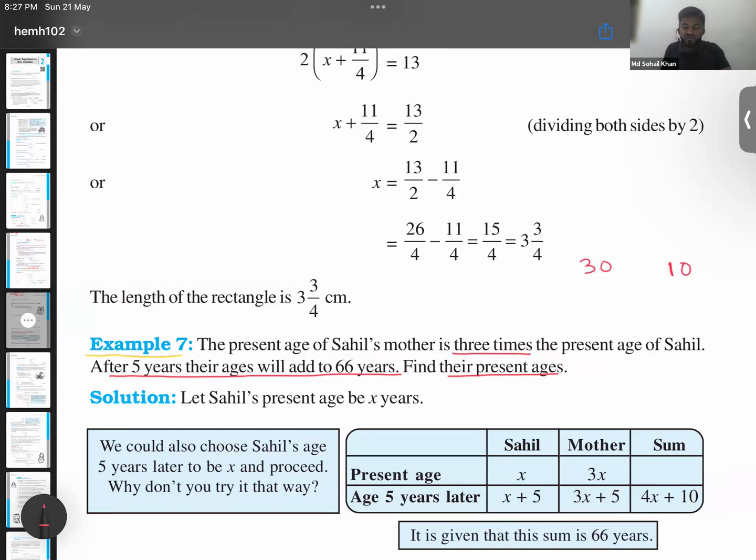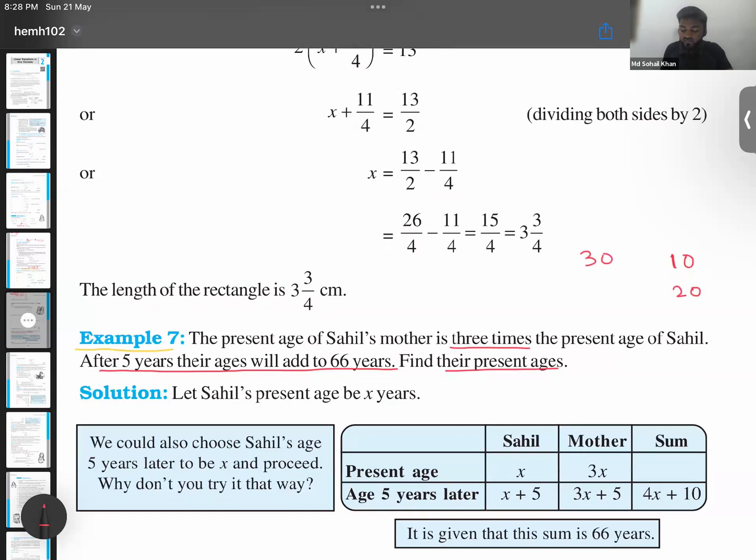That's what the question is saying. If the age of Sahil, let's say, is 20, then the age of his mother must be thrice his age. That means it will be 60, 3 times. Yes, sir.